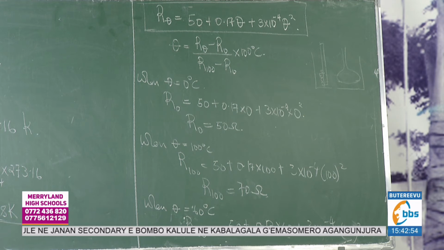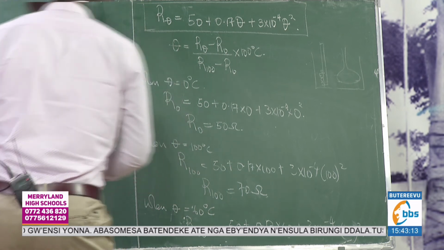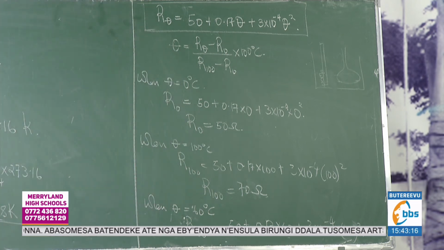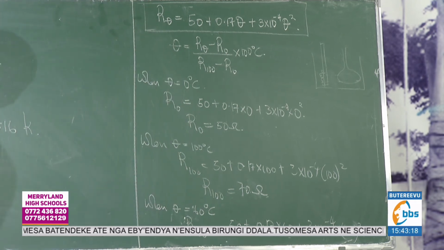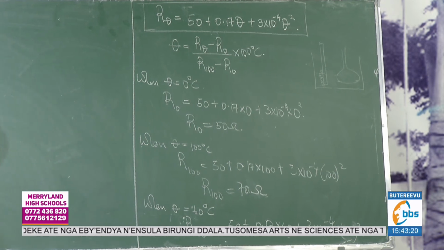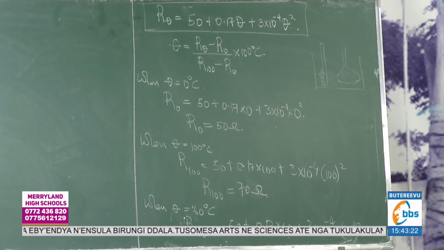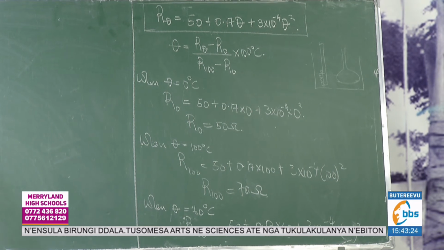Then 0.17 multiplied with 60, that gives me 10.2. 10.2 plus 51.08, that is 61.28. I hope that my mathematics is correct.